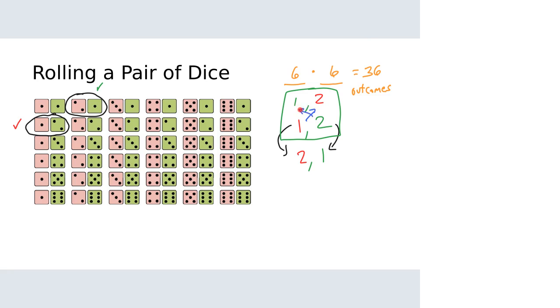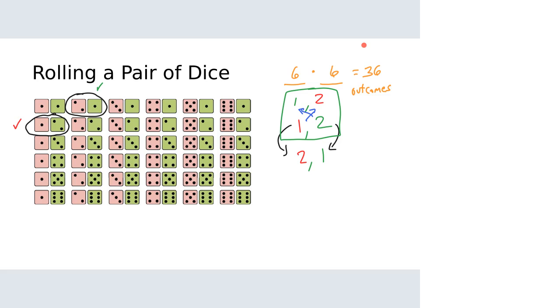So they're different from each other. It's important for me that I know that you recognize those as different from each other. And if you don't, it's perfectly fine for you to ask about it. This is something that students sometimes struggle with, so it's perfectly okay for us to hash it out if we need to.